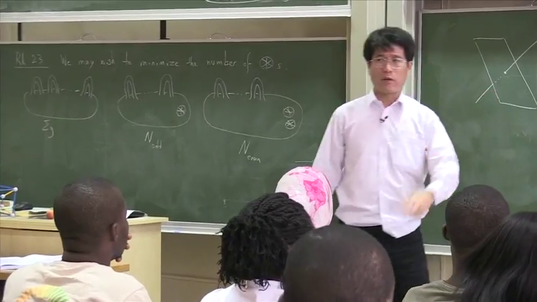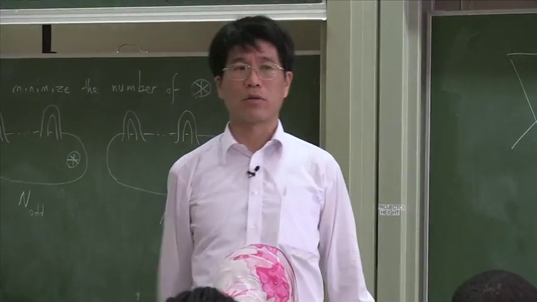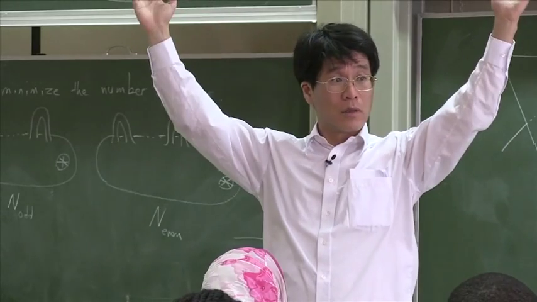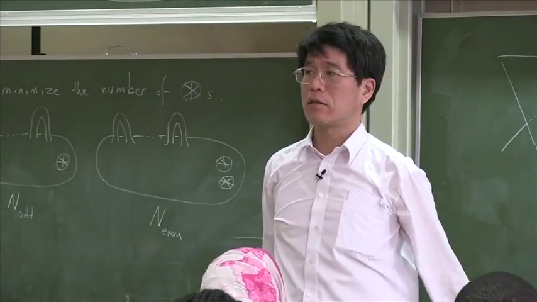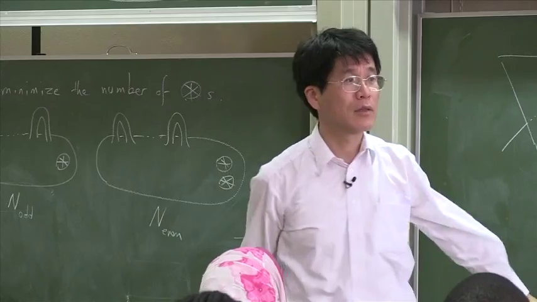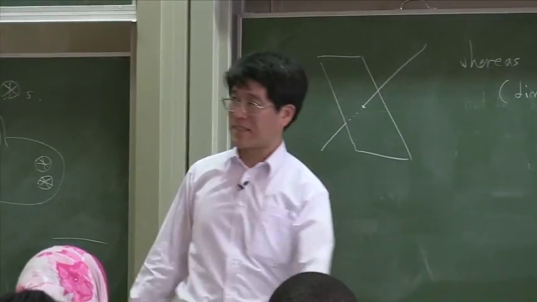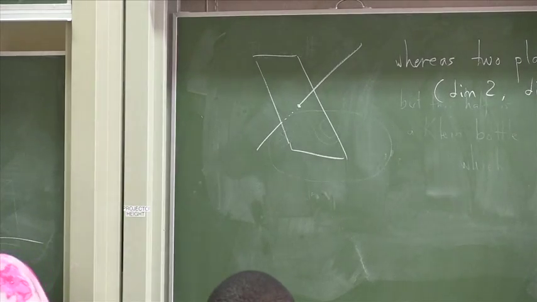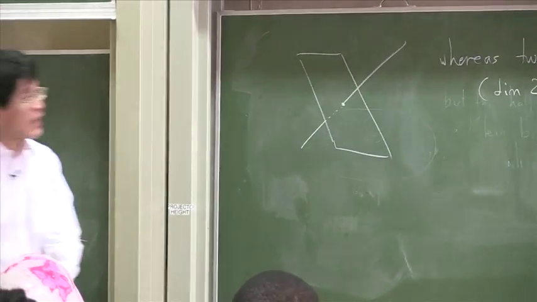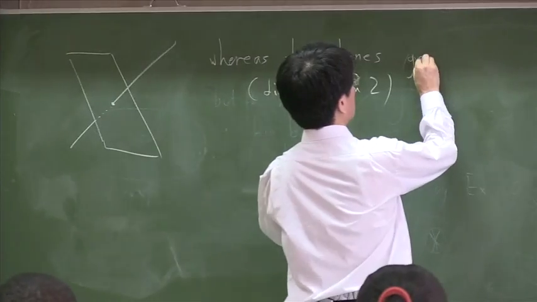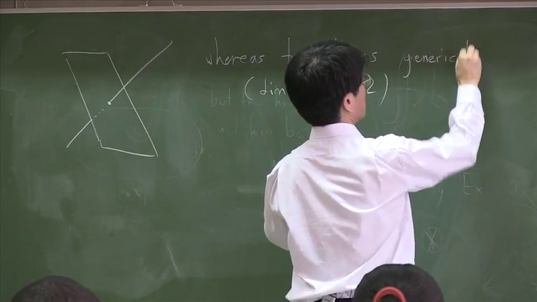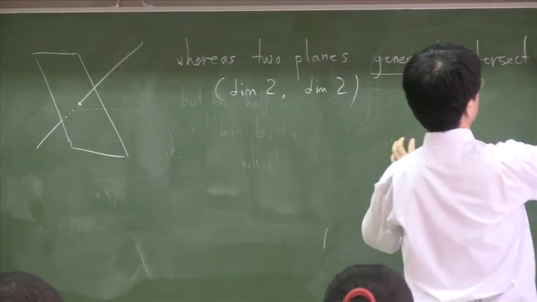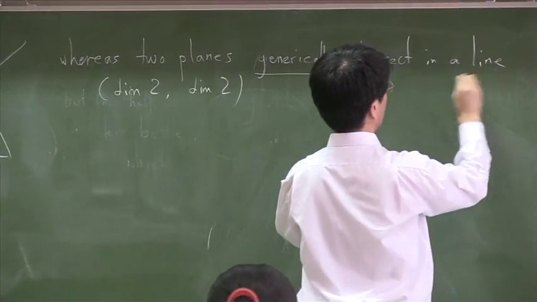So, in general, if you have a k-dimensional subspace and an l-dimensional subspace in an m-dimensional space, how do they intersect? What's the intersection dimension? Okay, we all have our conjectures. I'm very happy to hear you say so. In this case, two planes generically intersect in a line. We all understand that.